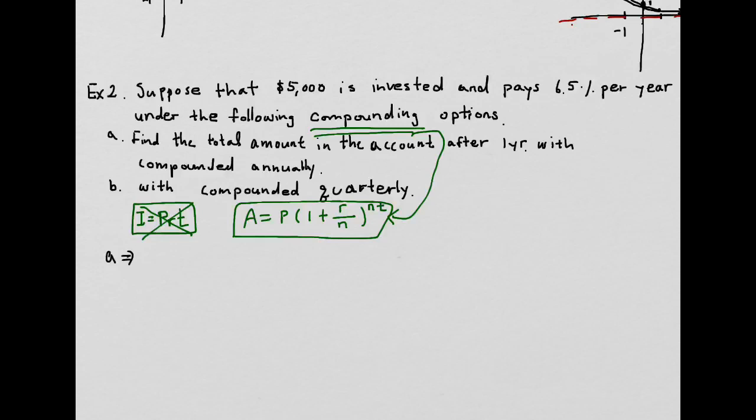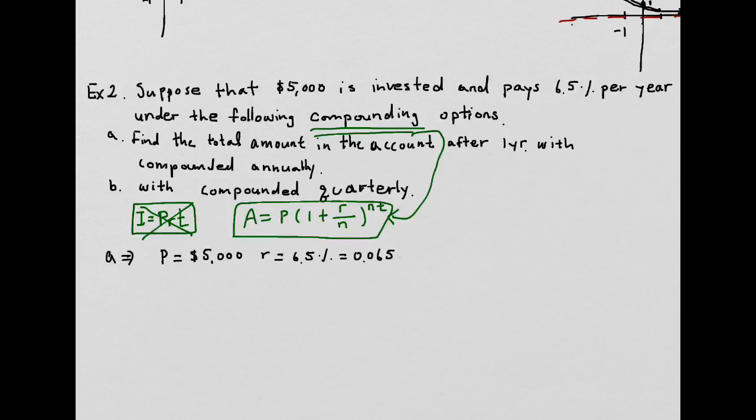We know which formula to use, right? This is the formula you're going to use. So then we need to find the principal. What's P going to be? P is principal, how much you're going to invest. And then your rate is 6.5%. When you change that to a decimal, it will be 0.065.